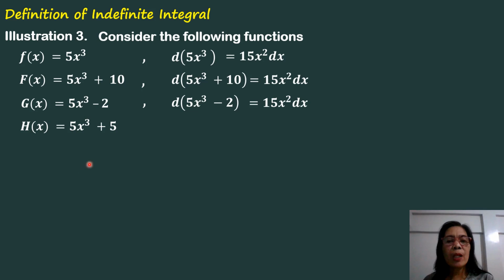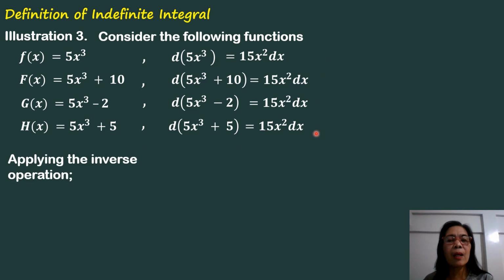If we have 5x cubed plus 5, finding the differential of 5x cubed plus 5 is equal to 15x squared times differential of x. So observe in here that these functions differ only by constants, and each differential is the same. So in all these functions which differ only by a constant, their differentials are the same.